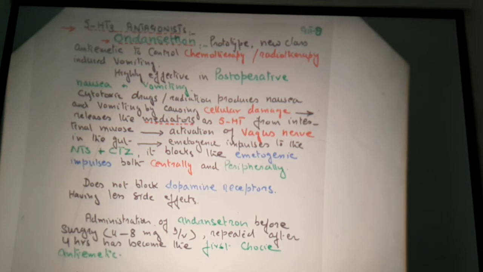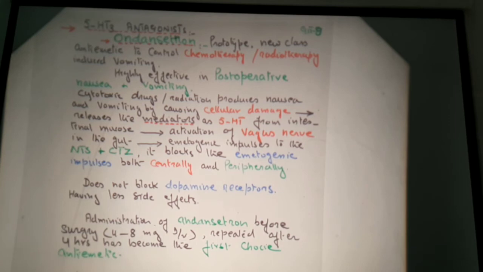I told you that these are the impulses which act upon the D2 receptor, the histaminic H1 receptor, and the muscarinic receptor, going to the NTS and the CTZ. Ondansetron blocks the emetogenic impulses both centrally and peripherally.